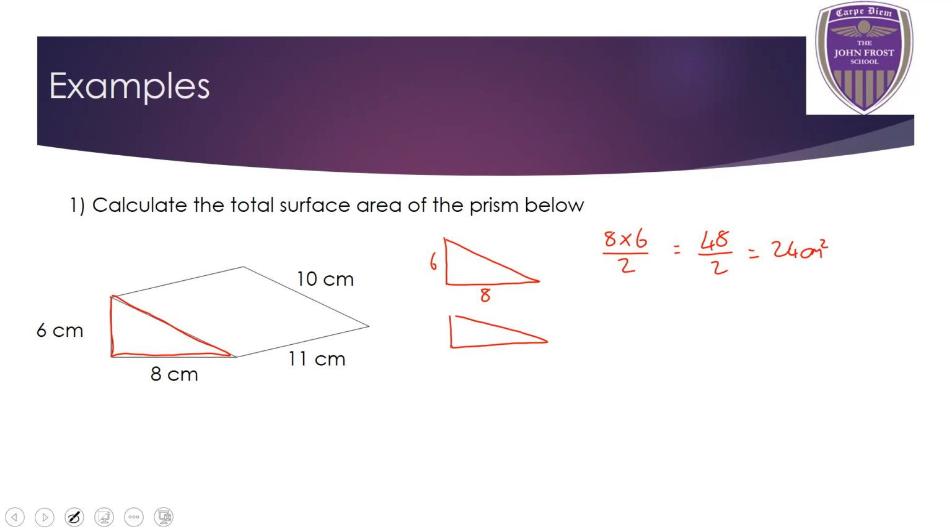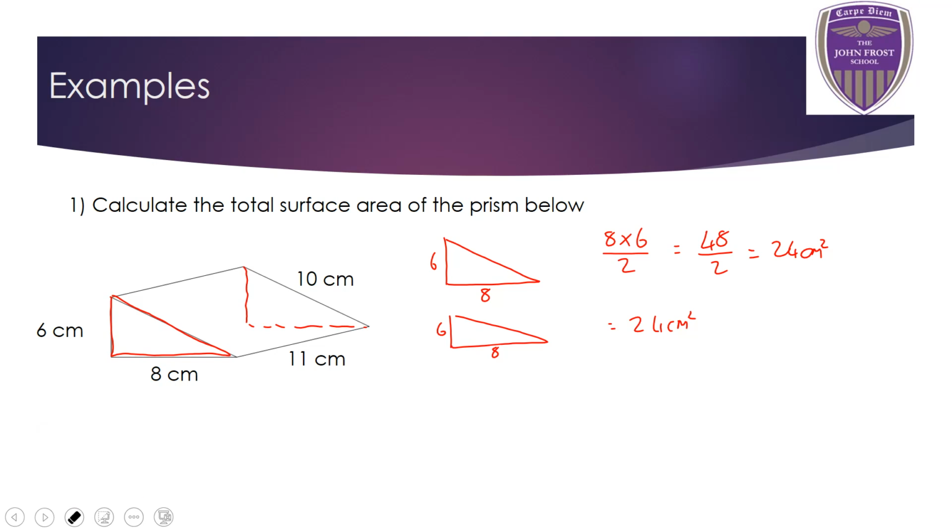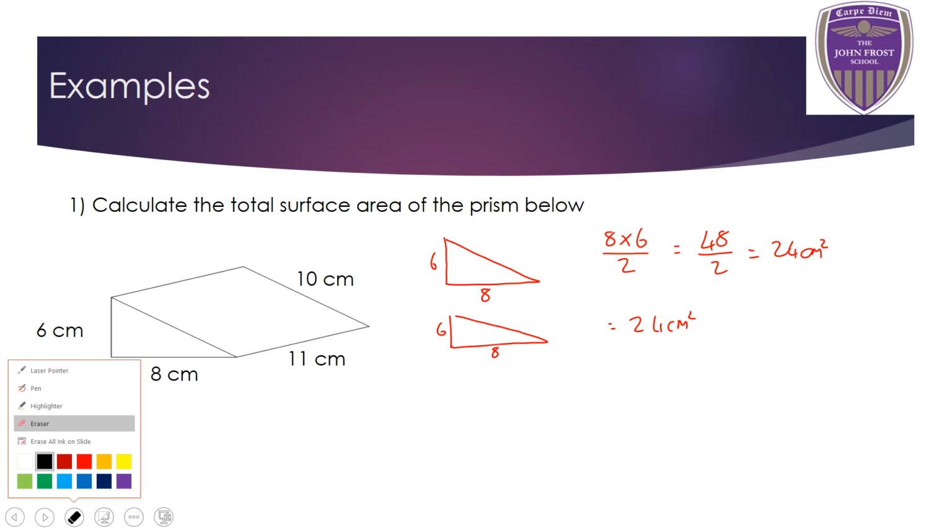Now, we've also got a triangular face right at the back of the shape, which we can't see. So, again, 8 times 6, we already know that that is equal to 24 centimeters squared. Well, what else do we know about this shape? It's got more faces than those 2. So let's have a quick look and see if we can identify some more faces.